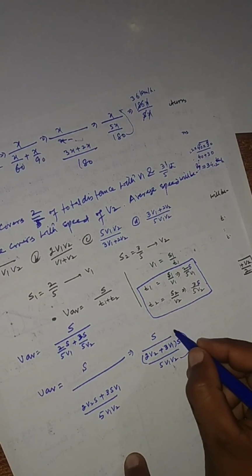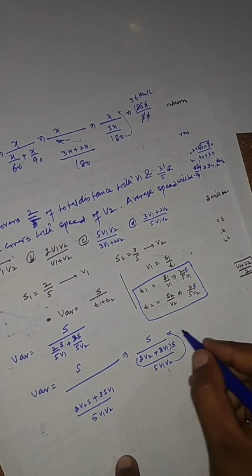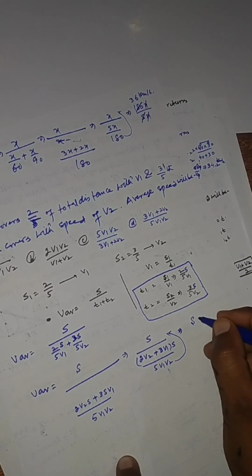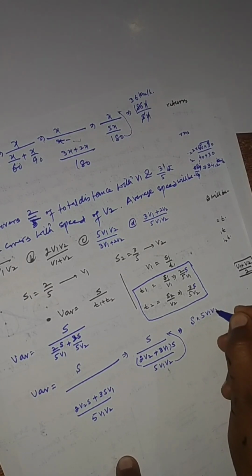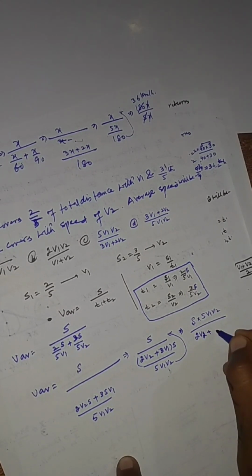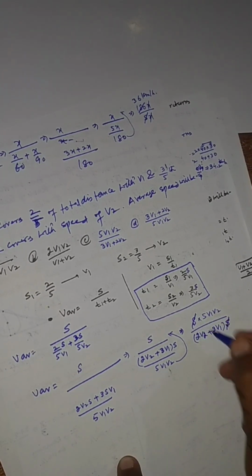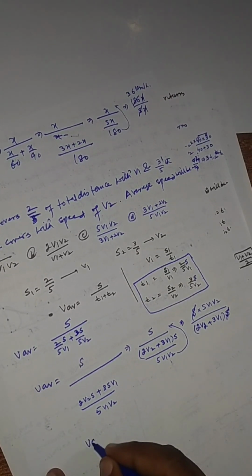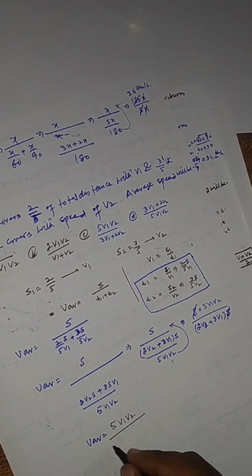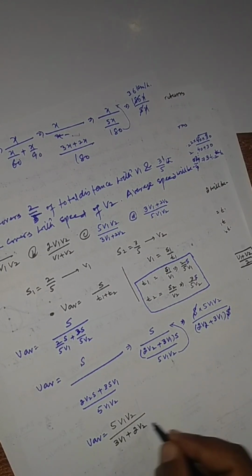This denominator becomes the numerator, so this will be S into 5v1 into v2 over 2v2 plus 3v1 into S. S gets cancelled, so we get average speed equal to 5v1 v2 over 3v1 plus 2v2.